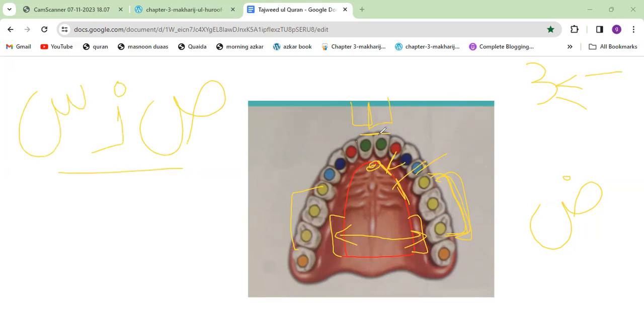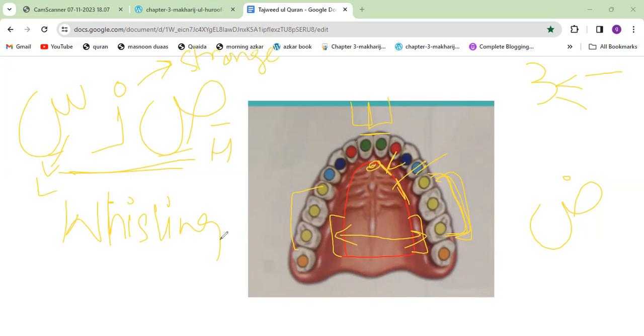These 3 letters have a whistling sound. The sound of swad and sin might seem similar, but swad is a heavier letter and sin is a lighter one. And za has a stronger voice.